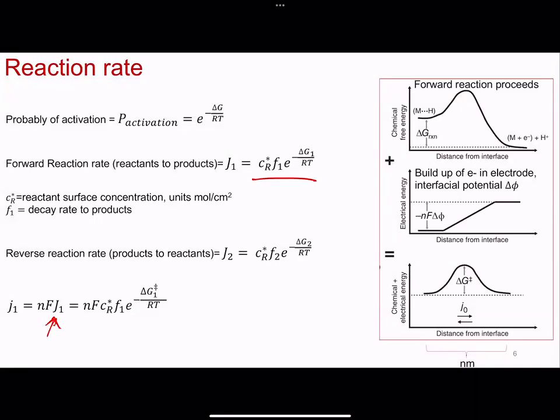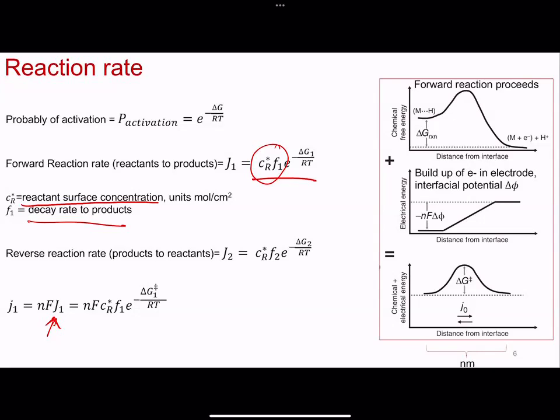And then J1, I've just replaced with the equation where now your e to the negative delta G1 over RT is also related to the reactant surface concentration, so how much of the adsorbing gas you have, and also the decay rate to products. As more protons are being produced from hydrogen being split into protons and electrons, there's a decay rate of the amount of reactants you have.